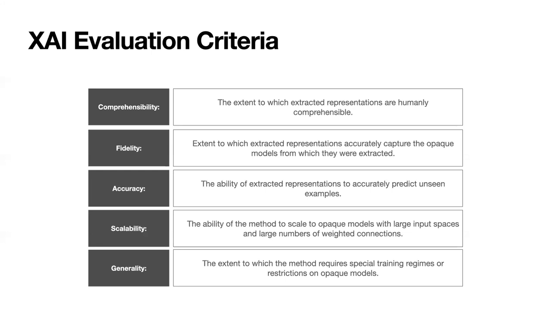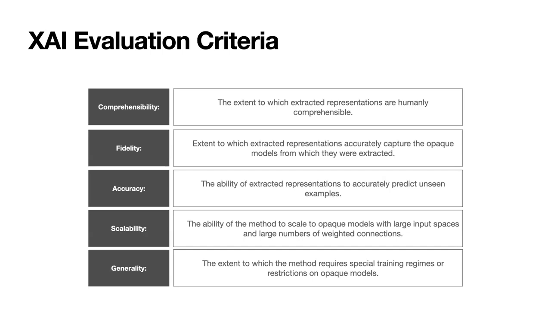There is research emerging on trying to crystallize and quantify some of these notions, but to a large degree, what you're really looking at is perhaps user studies to better assess and compare different models. So the kind of things we care about is comprehensibility, right? How easy is it for us to understand a certain technique?